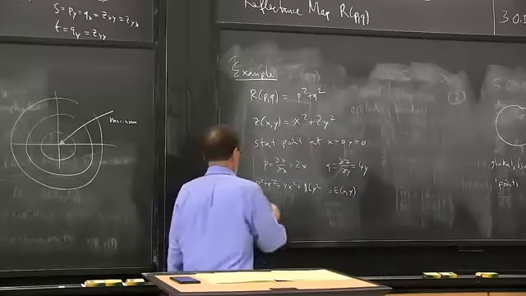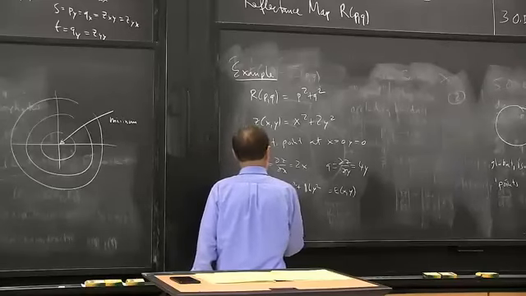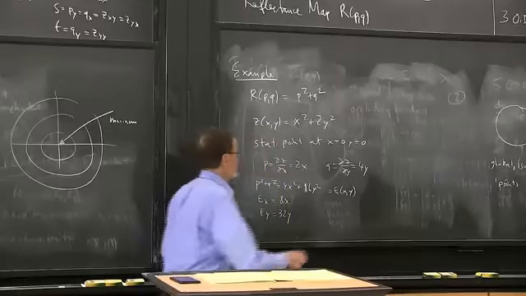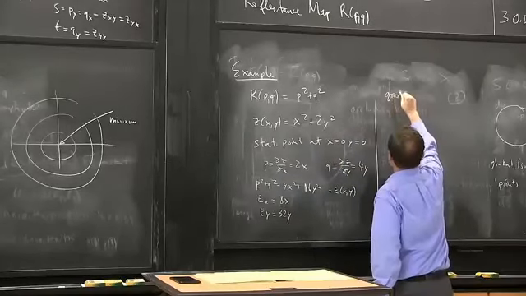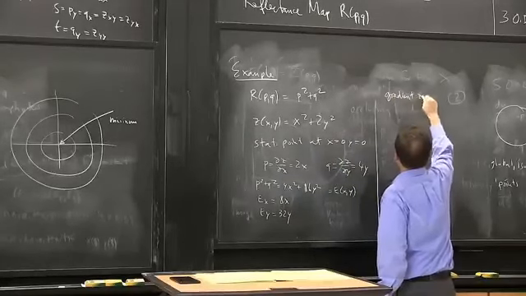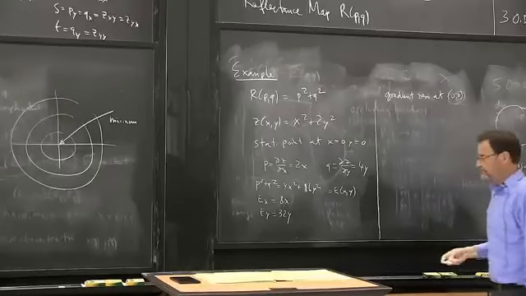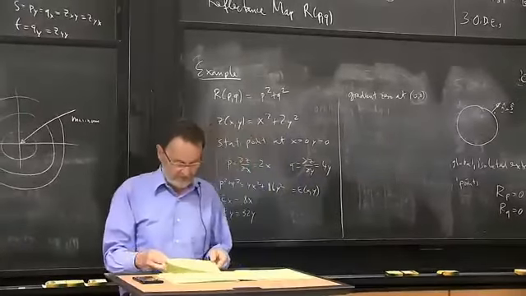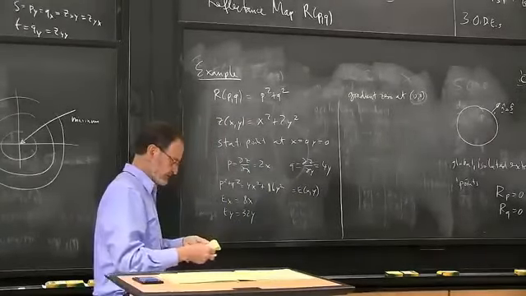Okay, and I'm going to take the gradient of the image, which is 8x. And not surprisingly, the gradient is 0 at the origin. And that corresponds to it being an extremum. So that just confirms that we have, in fact, set it up so that we have an extremum at the origin.